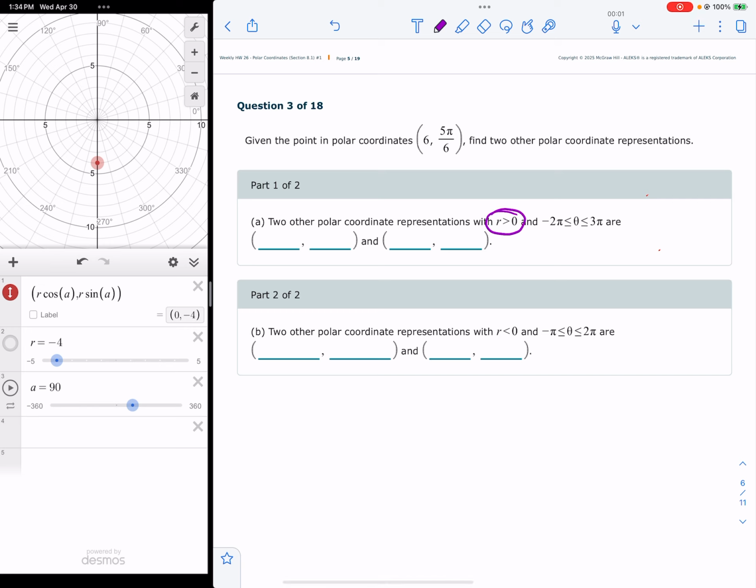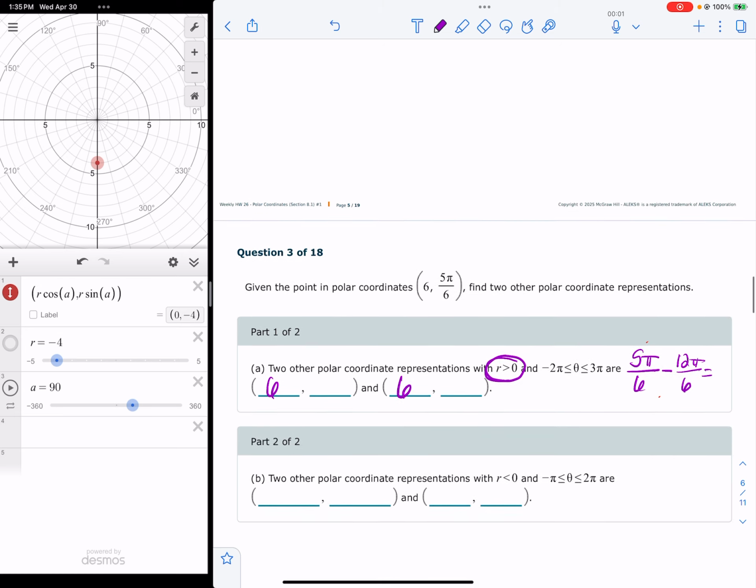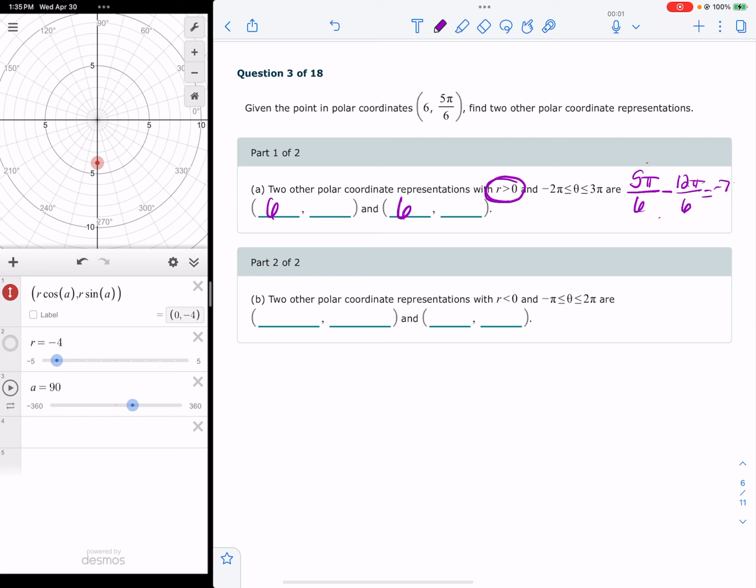When you're looking for r's to be greater than 0, that means positive r's. So we already know that these are going to be 6's. What you do is you take the angle and first subtract 2 pi. Well, 2 pi with the denominator 6 is 12 pi over 6. So 5 pi minus 12 pi is negative 7 pi.